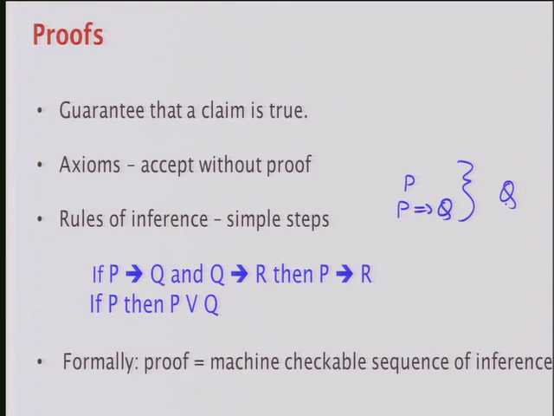It's of this form: P implies Q, P, therefore Q. Or another inference rule is if P, then P or Q. Now, so what's a proof? A proof is a sequence of statements where each statement is either an axiom or follows from the previous statements by one of these simple rules of inference. Okay?